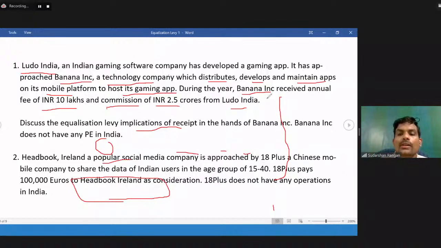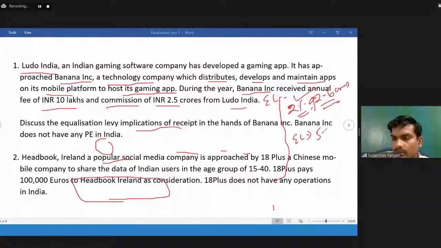So therefore, equalization levy triggers at 2% of 2.6 crores. So 2% of 2.6 crores equalization levy will come, which is, I believe, 5.2 lakhs.